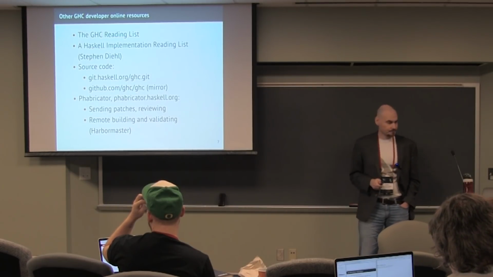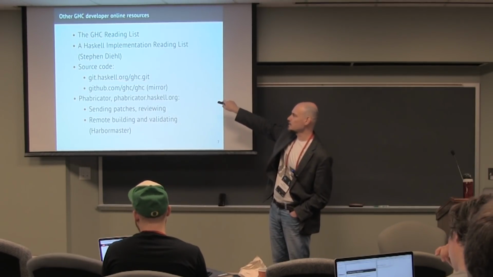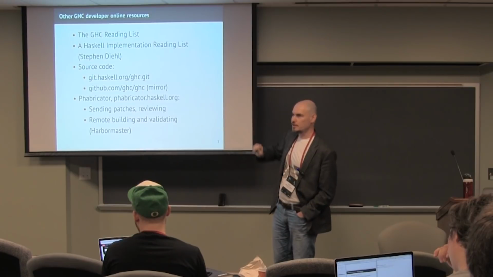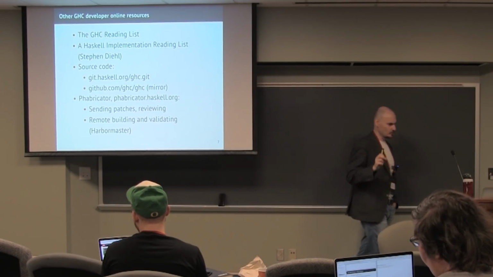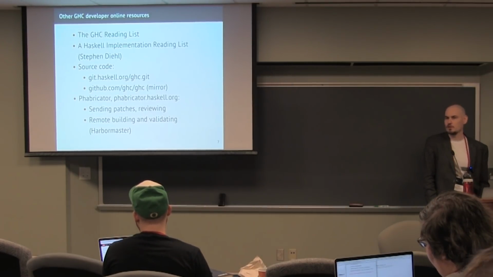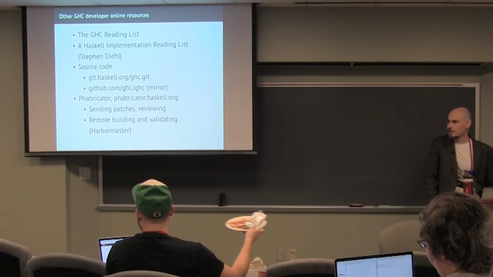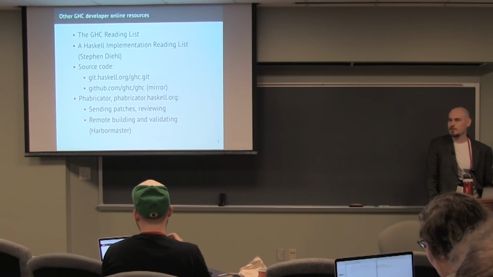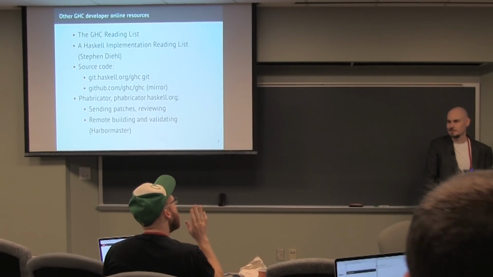You can find the source code for Haskell here at git.haskell.org. Several years ago, maybe 5 or 10 years ago, I don't remember actually, on this haskell.org there was not Git but Darcs. Does anybody in this room know what Darcs is? Oh, great.